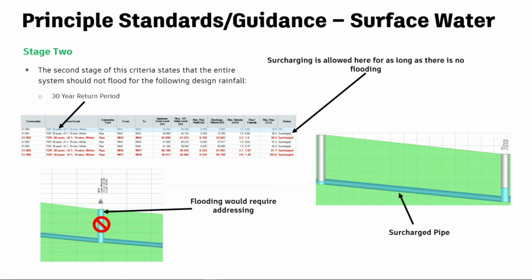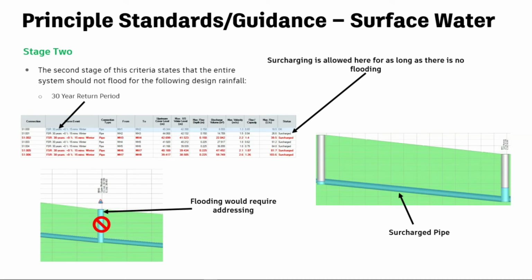This is a check to ensure that pipes will not flood during a higher return period storm, in this case a 30-year return period. This relies less on the actual design of the pipes, but instead relies on running simulations to analyse the impact of a wide range of storms on the system. What is important to remember here is that surcharging is allowed for as long as there is no flooding.